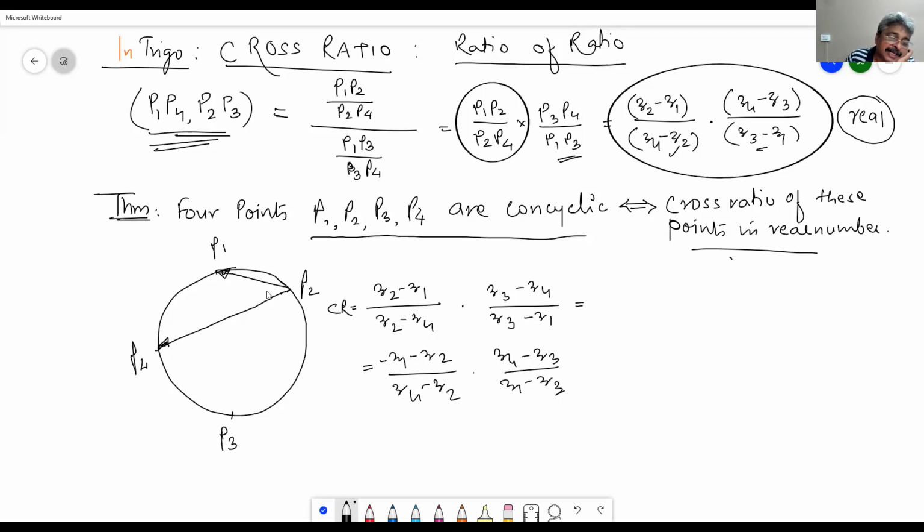And we see that it is an anti-clockwise rotation. Let us call that angle alpha. Okay. And we are really not worried about magnitudes, because if we show that the total argument of this cross ratio is either 0 or pi, that means it is a real number.